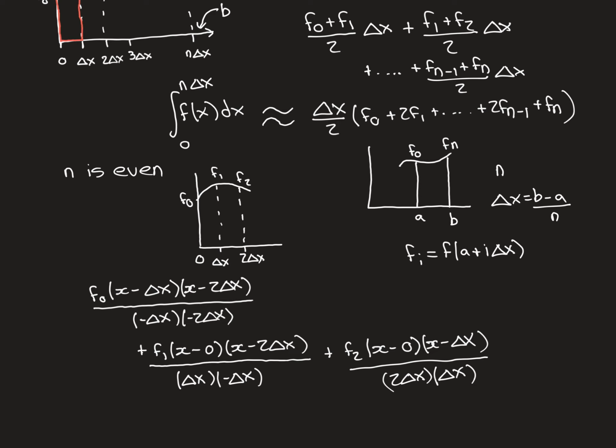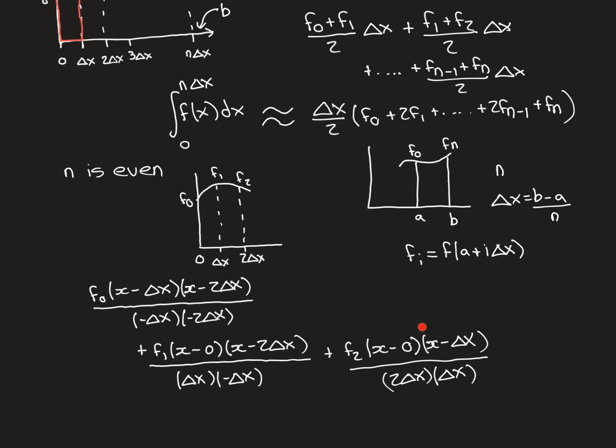That's no use at all. So what we then do is divide through by those things. So we put divided by minus delta x and divided by minus 2 delta x. And this term, if you put in 0, will give you f0. Brilliant. And when you put in these two things, you will get 0.